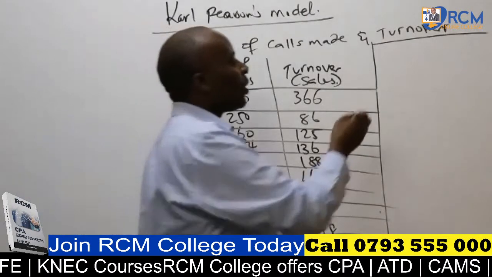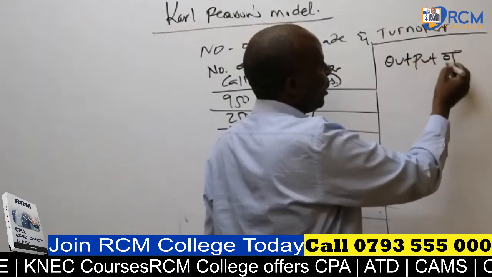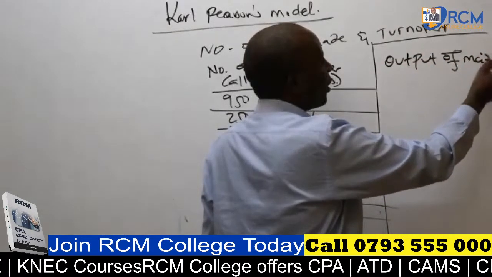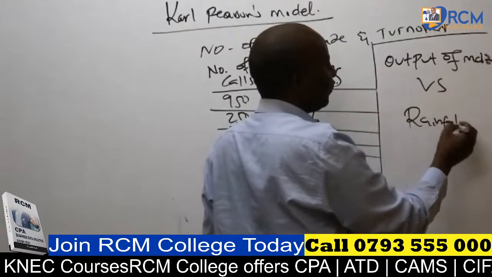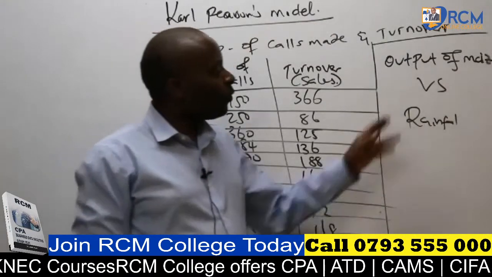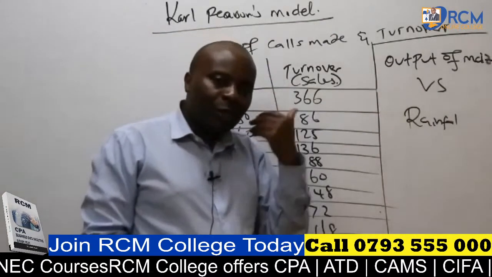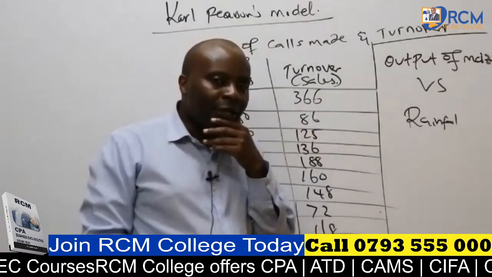If, for example, you look at output of, let me just use any crop, output of maize versus rainfall amounts. If you're given two variables of this nature, ladies and gentlemen, here I'm able to see very fast that rainfall amount depends on maize.